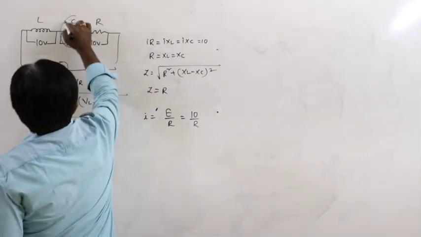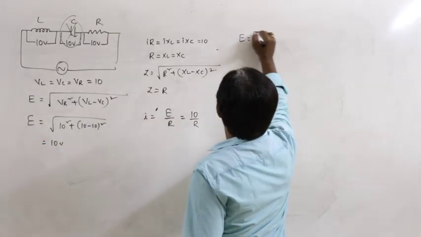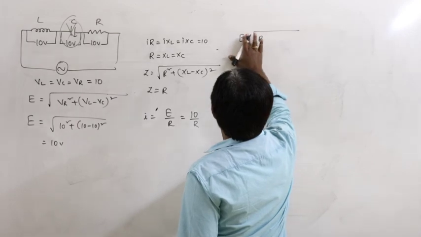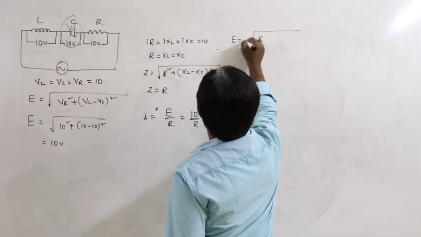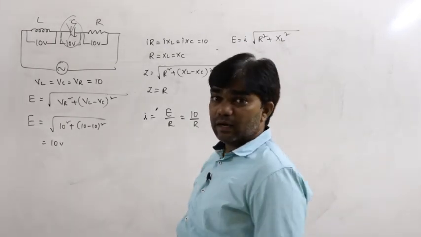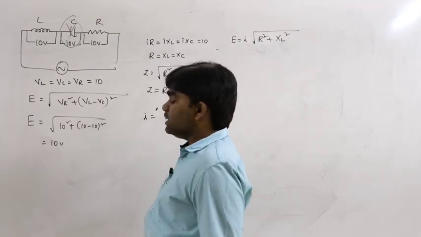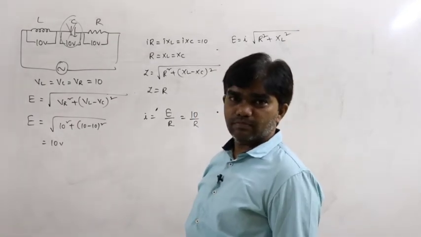If the capacitor is short circuited, then what is the net EMF? E equals I into square root of R square plus XL square. What is the net EMF? It is 10 volts.